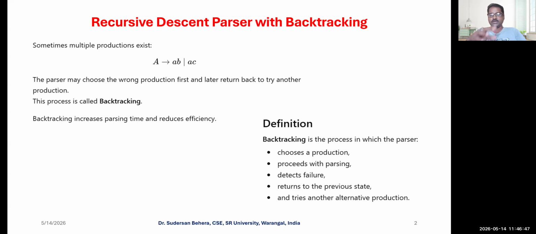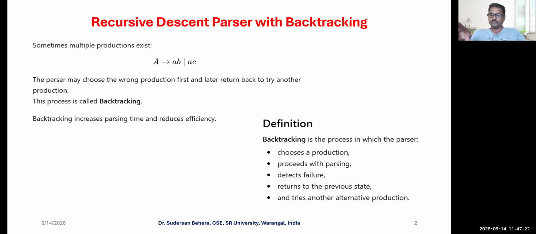You select a wrong production, then when you identify this one is wrong, you need to roll back, remove the production, then try another production. That may be wrong too, then you try the third one, the fourth one, and finally you may reach the right one. But before you reach the right production, imagine how much time is consumed by this selecting and removing process. This is called backtrack.